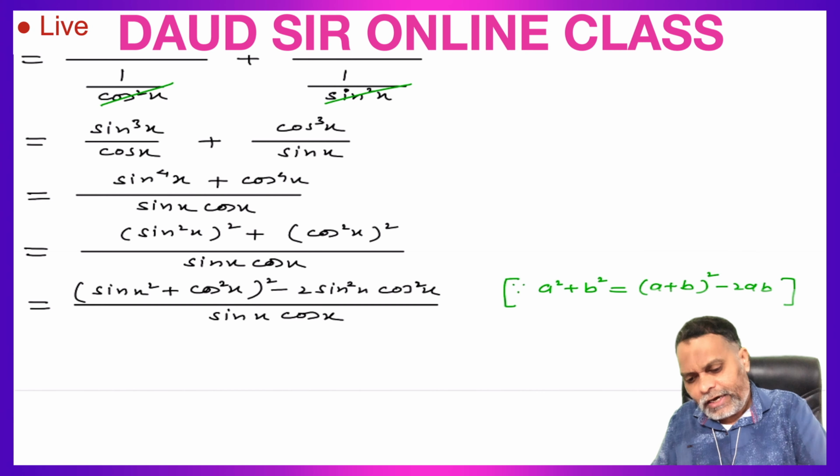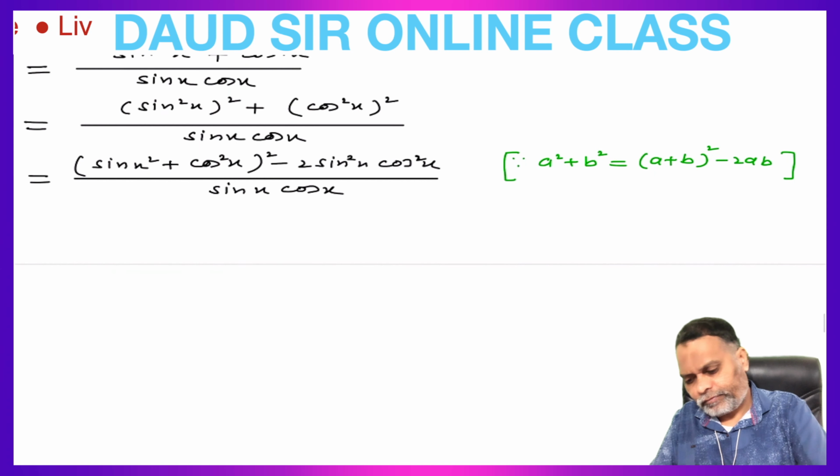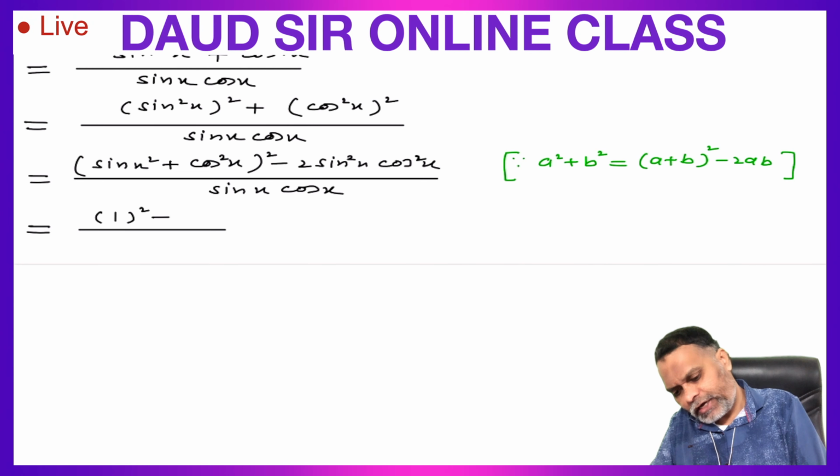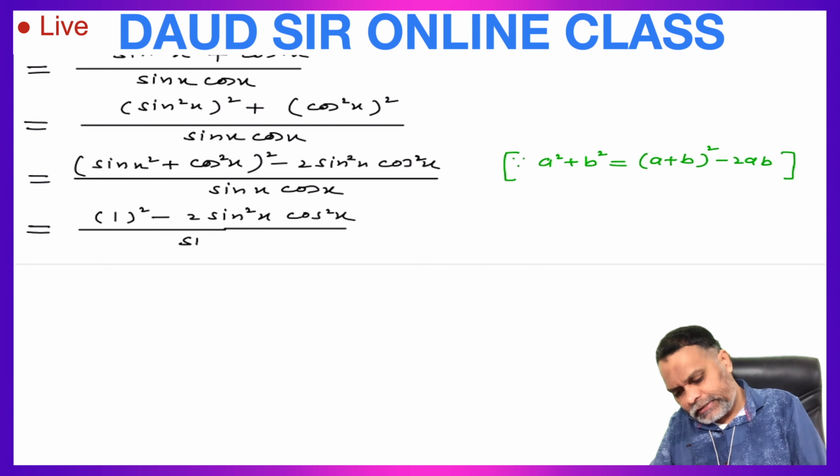Now here sin square x plus cos square x is equal to 1, which is equal to sin square x plus cos square x, 1 square, minus 2 sin square x cos square x as it is upon sin x into cos x.